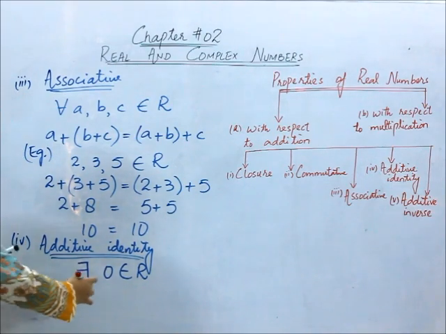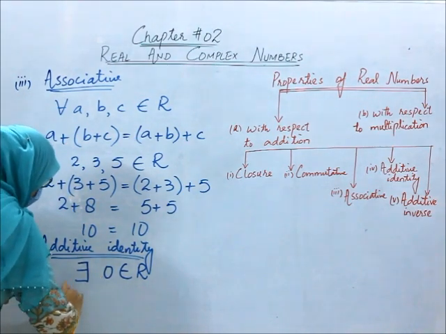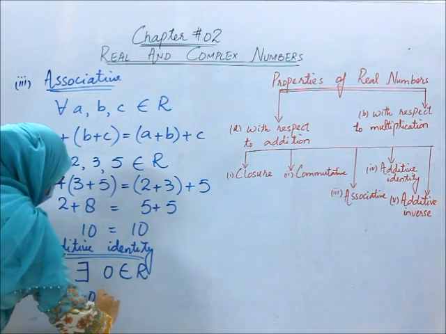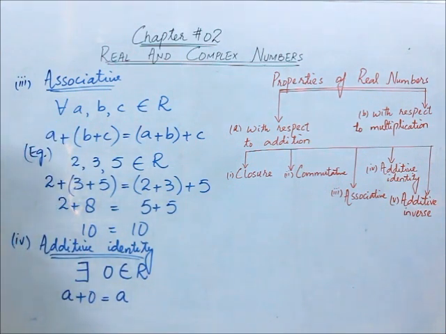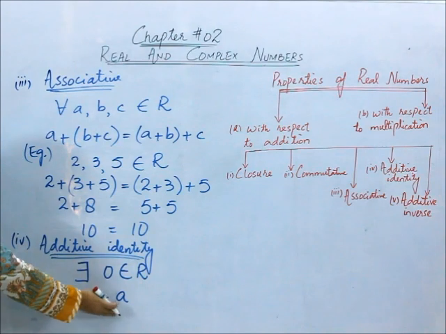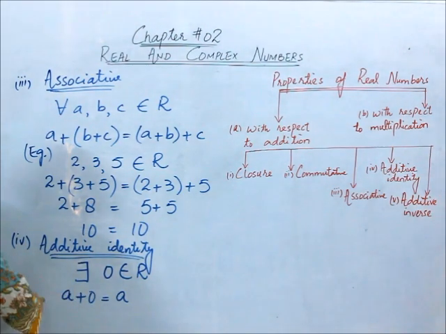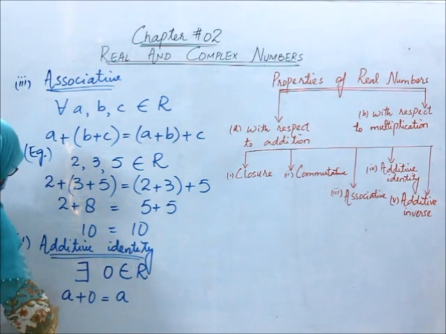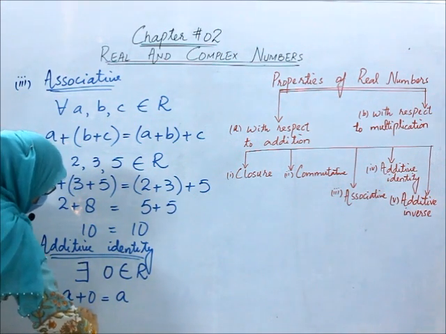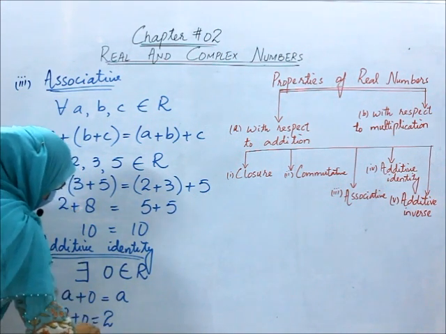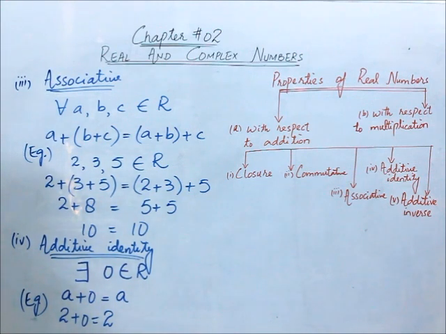That is, when we add this number to any number, a plus 0, so adding this additive identity to some number will not affect the identity of that number. Our answer would remain the same. As all of you know, when we add 0 to any number, the answer would be the number itself. So this is additive identity.